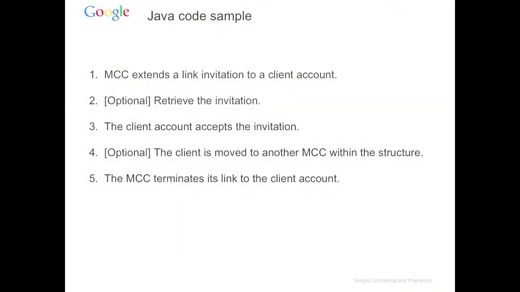Now you can start managing it, set up campaigns, manage the keyword bids, etc. Optionally, down the road, you might decide you want to move this account around. Not absolutely required, but it is part of the lifecycle. Lastly, the MCC, or actually the client itself, will terminate the link between the two. Maybe you've decided to part ways, maybe this account is no longer yours, etc.